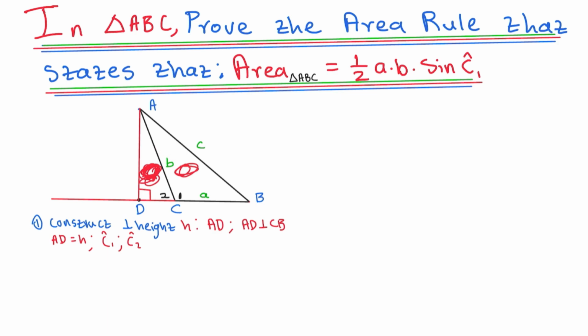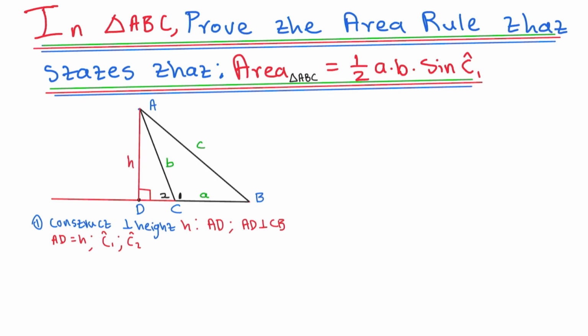So in this constructed triangle, you need to make H the subject of the formula. That's all you need right now. Remember, H is AD. And then in the other triangle, you're going to find the area. So let's start. I'm going to start by writing that these two angles add to 180 because they are angles on a straight line, so that you can find angle C2 in terms of C1.